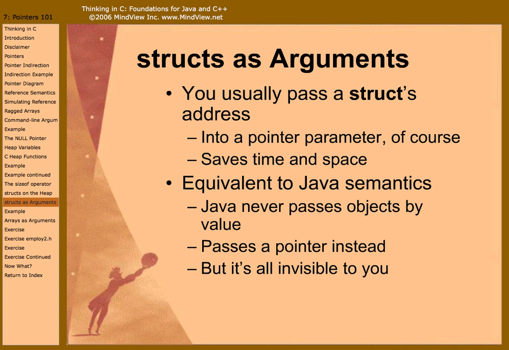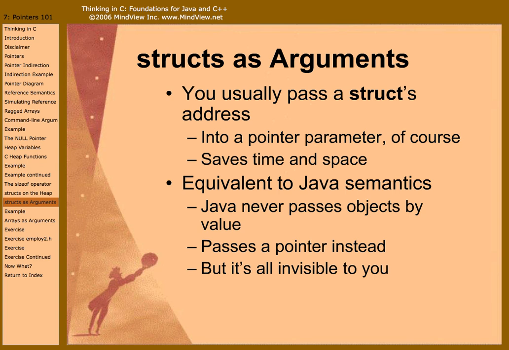Even these little employee objects we're talking about are sufficiently large that you might want to think twice about passing those by value every time you call a function that expects arguments of struct employee. So what you usually do is you pass a struct's address. So in other words, you'd use this reference semantics workaround that you can use in C. So that'll save the time and the stack space of passing an entire struct to that function.